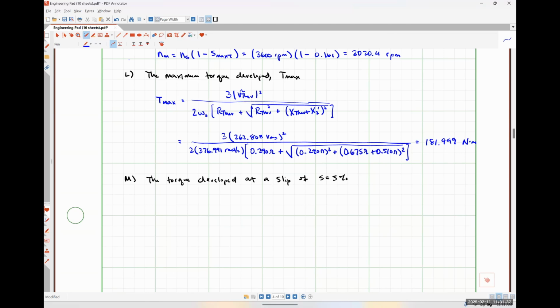What's 0.675 plus 0.510? I should be able to do that in my head, but I don't trust myself right now. I feel like it's 1.185. Don't give me a math error and be a dick. Nope, I got 181.999. All right, so torque at this particular slip.